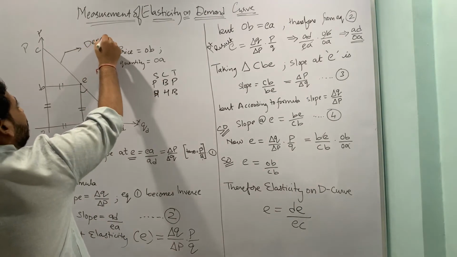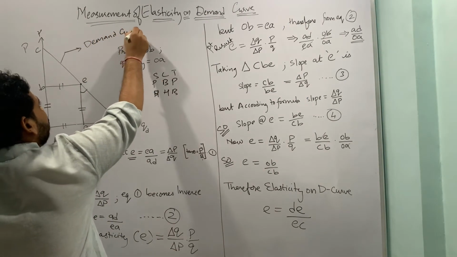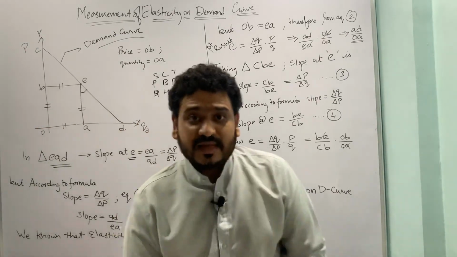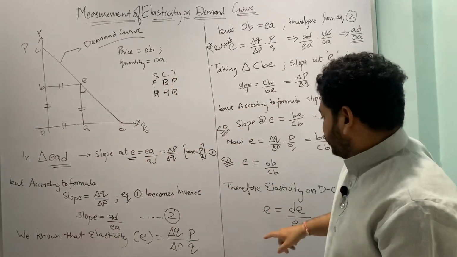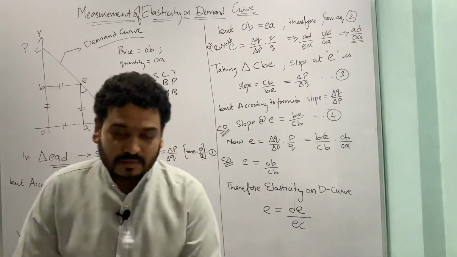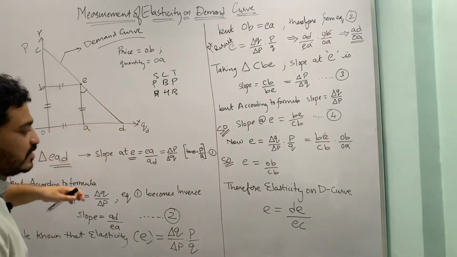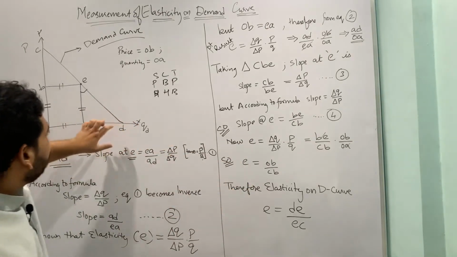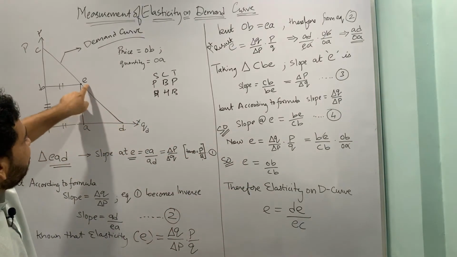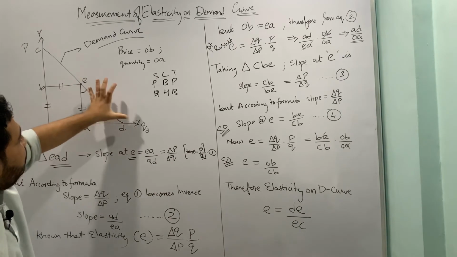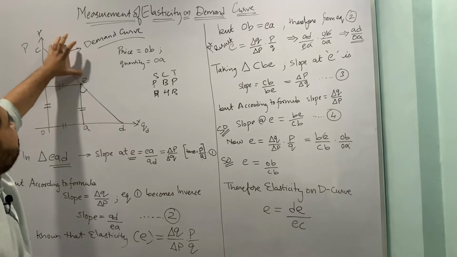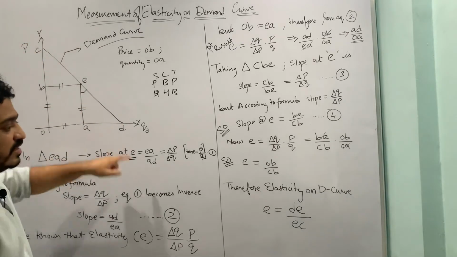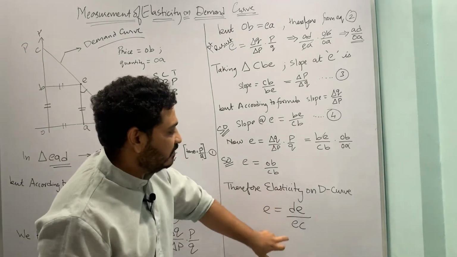Whenever I am interested in finding the elasticity on the demand curve, the same process happens here as well, but I have shortened it for the sake of time. The distance will be DE divided by CE, or EC. So elasticity on the demand curve is given by the formula DE divided by EC.